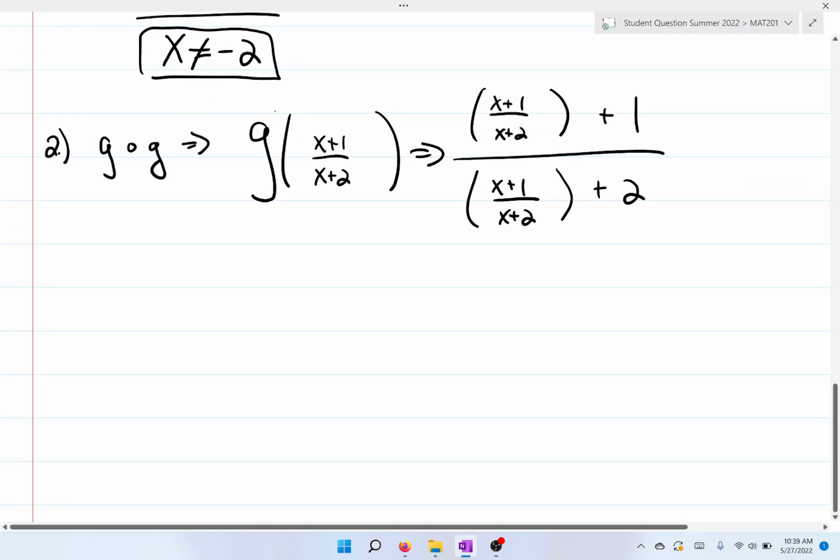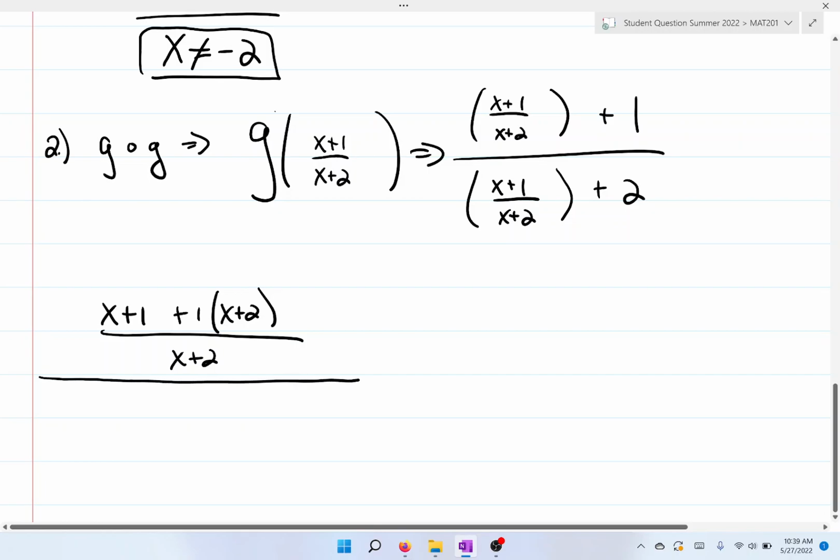In the numerator, we are going to get x plus 1 times x plus 2 all over x plus 2, all divided by x plus 1 plus 2 times x plus 2 all over x plus 2. And all I'm doing is finding the common denominator and combining.